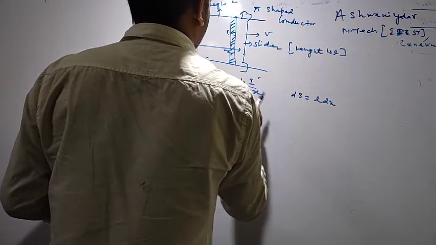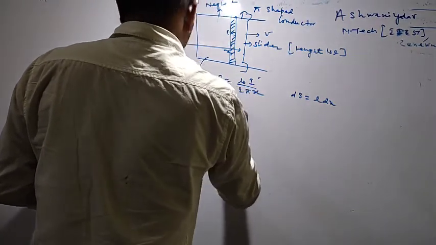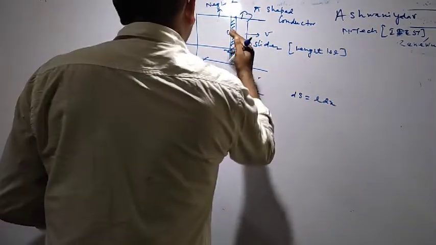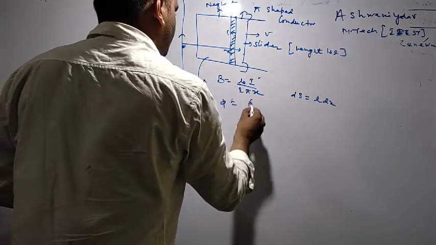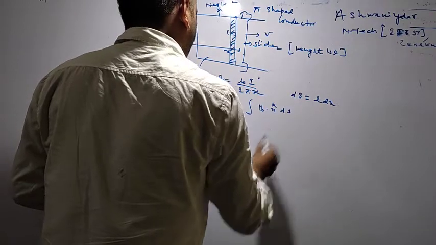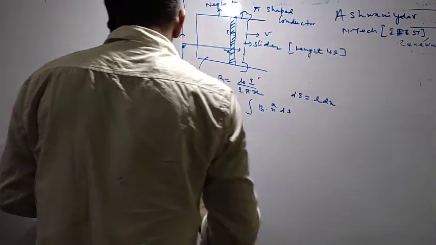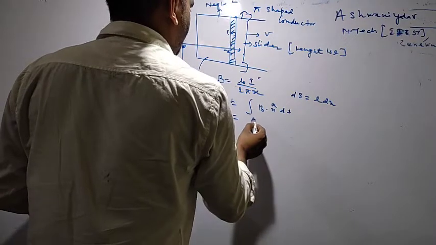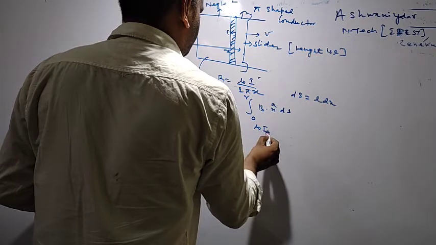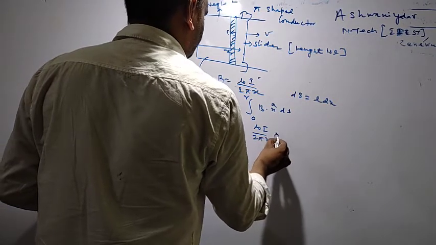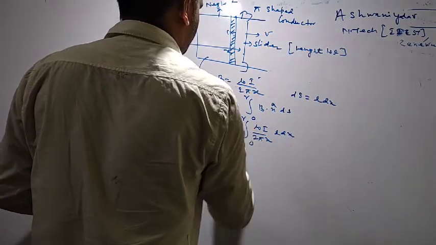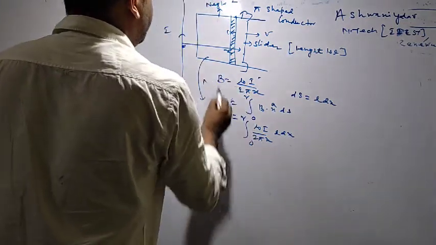Then flux is nothing but the integral of B dot n unit vector ds, and it will vary from 0 to r. So B is mu naught I by 2 pi x, times L dx, from 0 to r, because we have to find flux with respect to r.